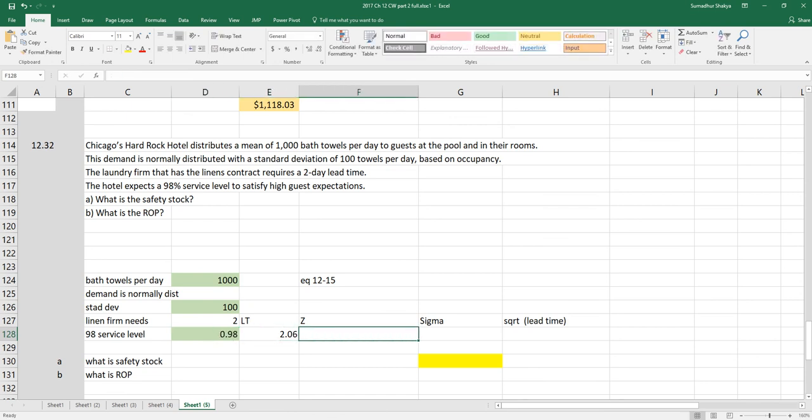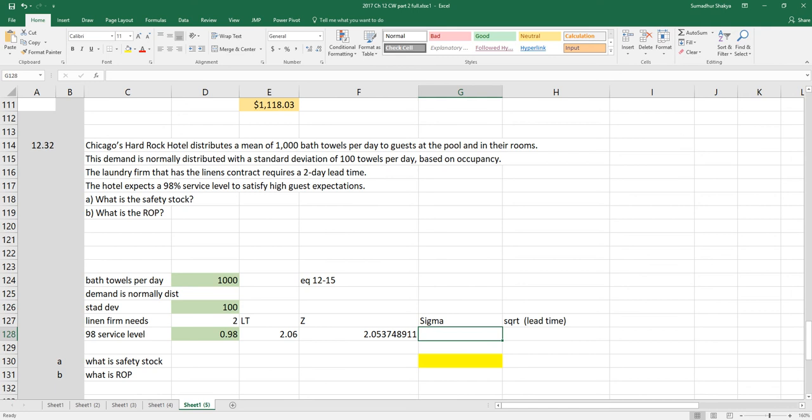Then the way you can calculate z is using the normal standard inverse, NORM.S.INV, and then you refer to the probability, and that'll give you your z-score, which is a lot more accurate. Either way, the z-score should be very close.